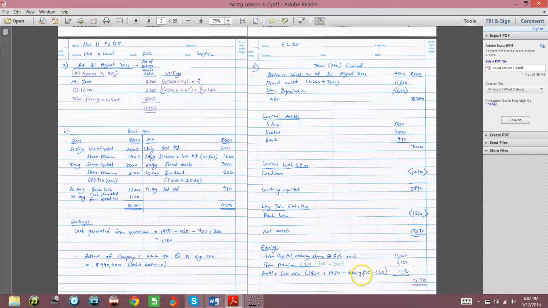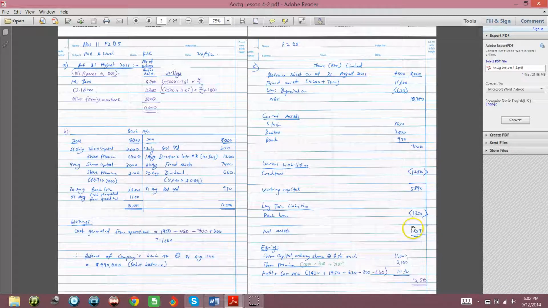Then this is for the issue of bonus share, and this is for the payment of dividend. Payment of dividend is deducted from the bank account and should be deducted from the retained profit. So this is my retained profit figure. That is how I get all the figures.